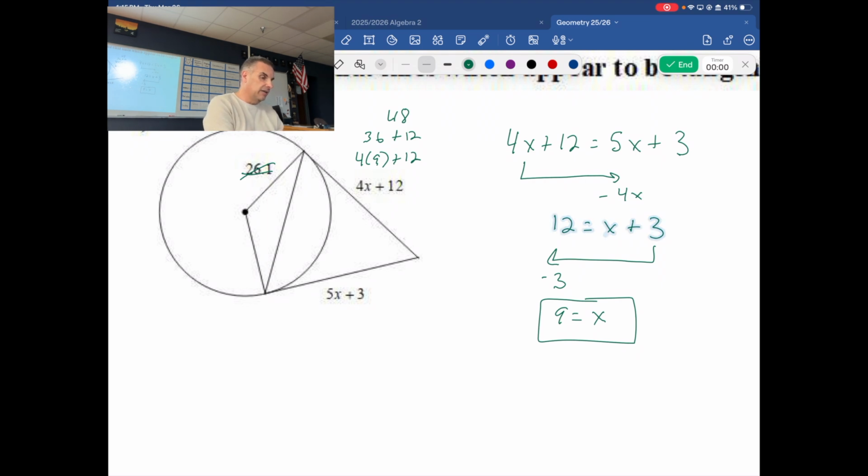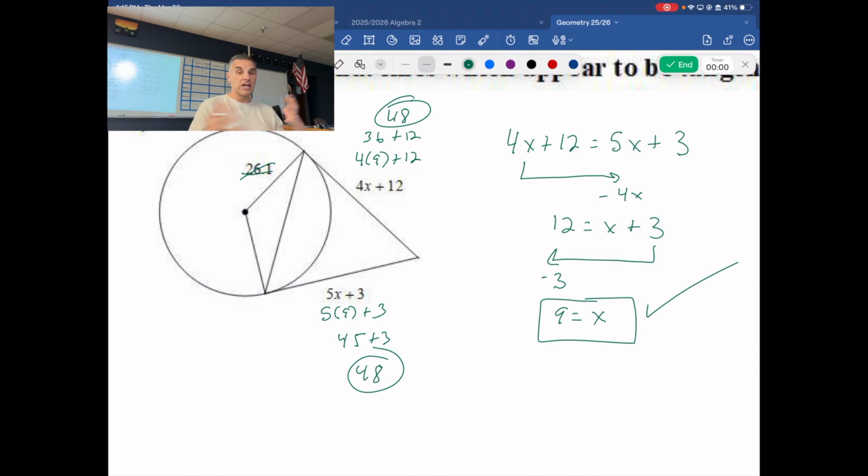If I put it in the other one, 5 times 9 is 45, 45 plus 3 is 48. They work. That's what my x value has to be. The measures have to be the same in order for this to work. So if you have equations, just set the two expressions equal to each other.